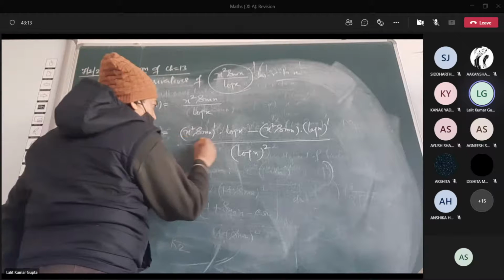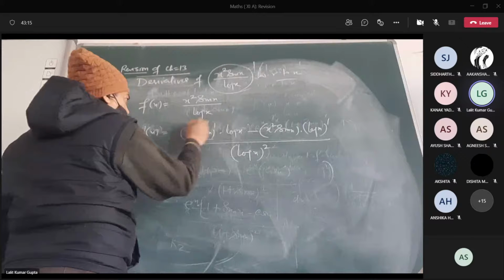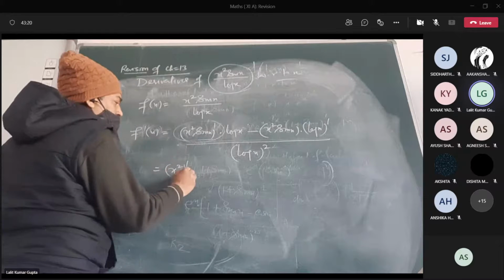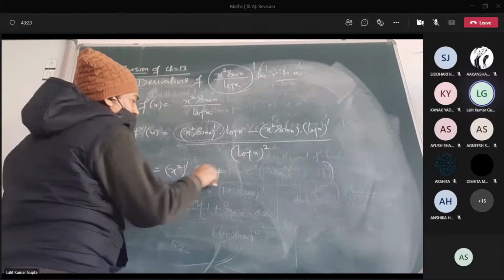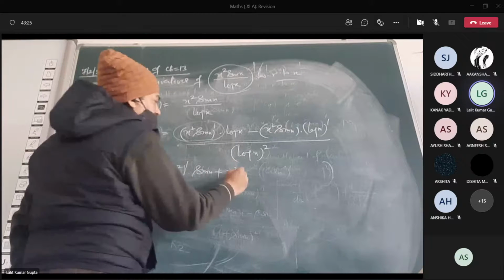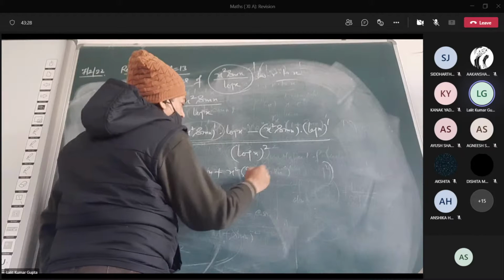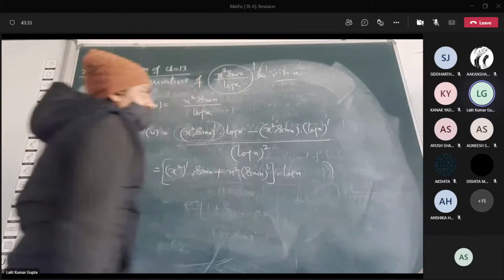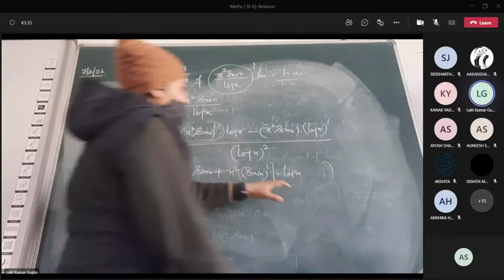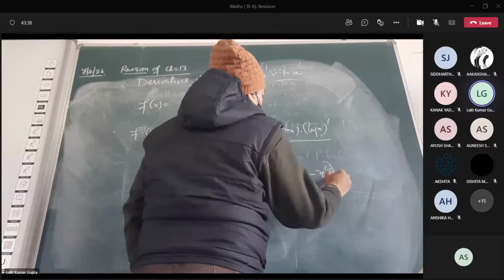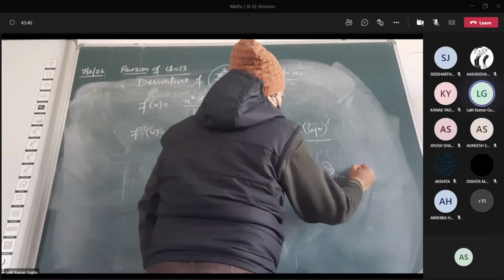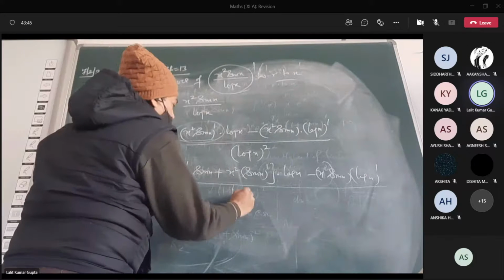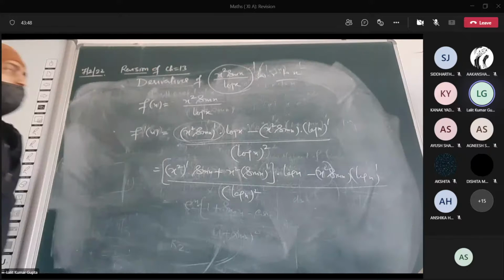In the next step: x square derivative dot sin x as it is, plus x square as it is dot sin x derivative, this bracket closed into log x as it is, minus again x square sin x as it is into log x derivative, whole divided by log x whole square.